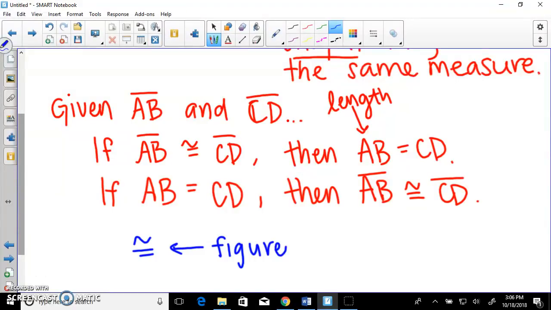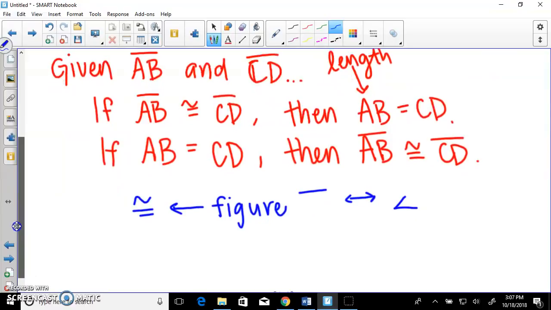So you're saying that a segment is congruent, or lines can't necessarily be congruent, but you're talking about a figure, or an angle is congruent. You're talking about a figure itself. Whenever you talk about equals, you say two things are equal. We don't say that a segment is equal to another segment.